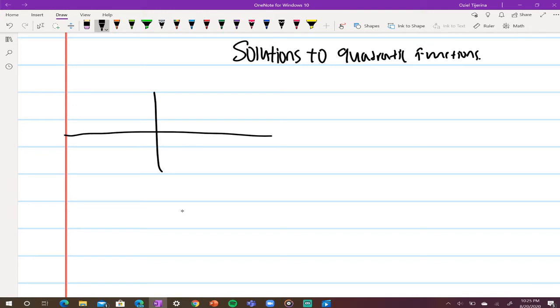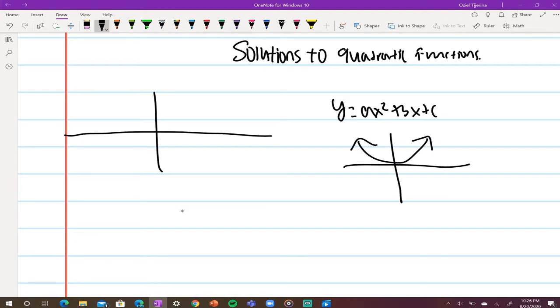One thing that we've already reviewed is the fact that any function with ax squared plus bx plus c is going to look something like this. Okay, it's a parabola, and if a is greater than 0, it's up, and if a is less than 0, it's down.